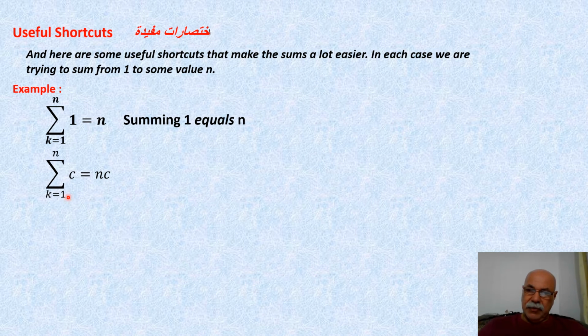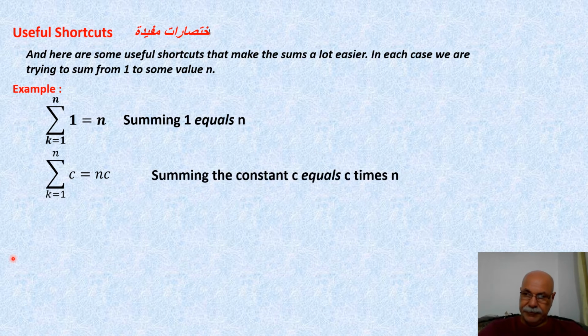Second rule: sum of c, k equals 1 to n, c equals nc, meaning n times c, for a sequence, meaning 1 times 2, 2 times 3, 3 times 4, like this sequence. Constant, this is c equals c times n.